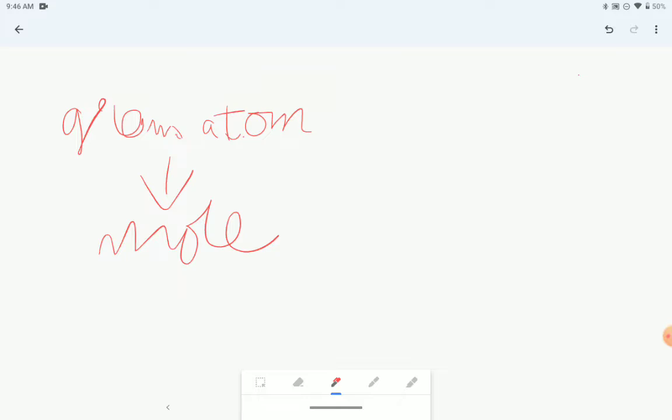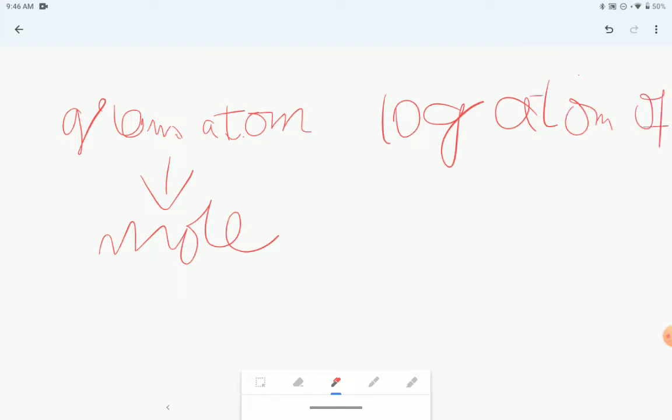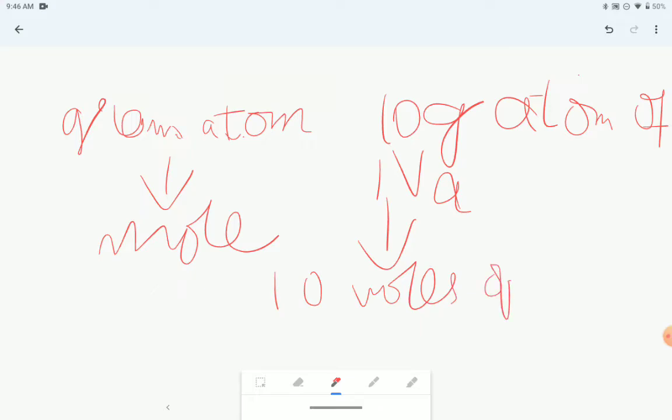In the question it was given: calculate the mass of 10 gram atom of some element, let's say sodium. 10 gram atom of sodium means 10 moles of Na atoms.